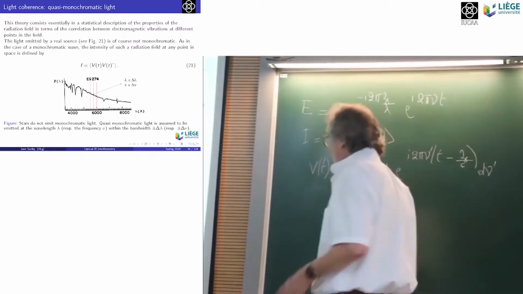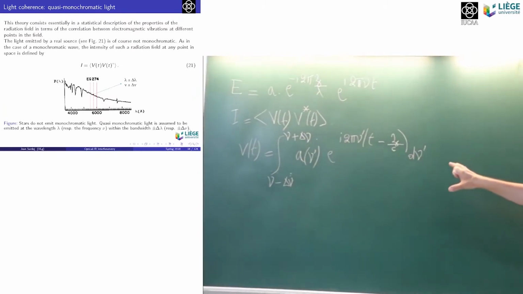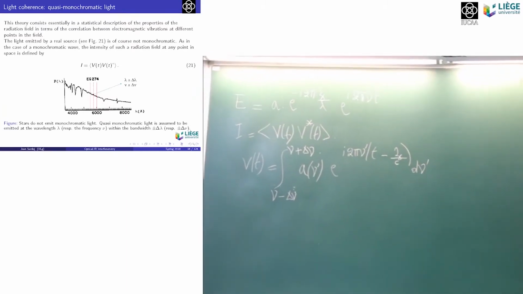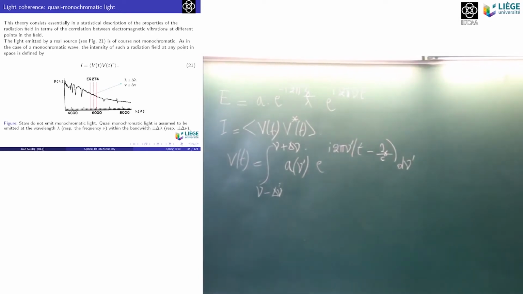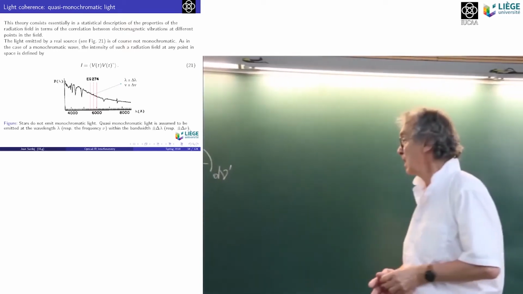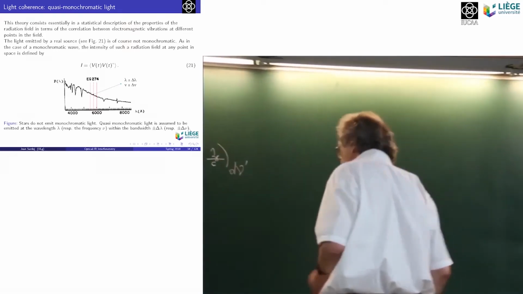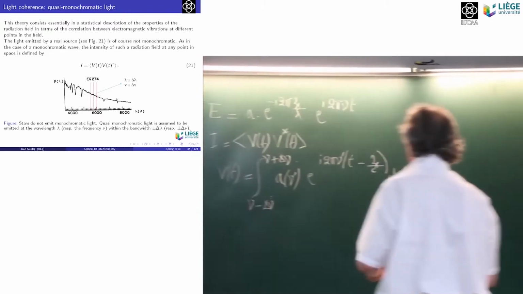Now, what I will show is that in fact the resulting electromagnetic field will still be a field oscillating with a frequency nu, but with an amplitude subject to the beat phenomenon. Okay? So how do I proceed? Well, there is a little trick.